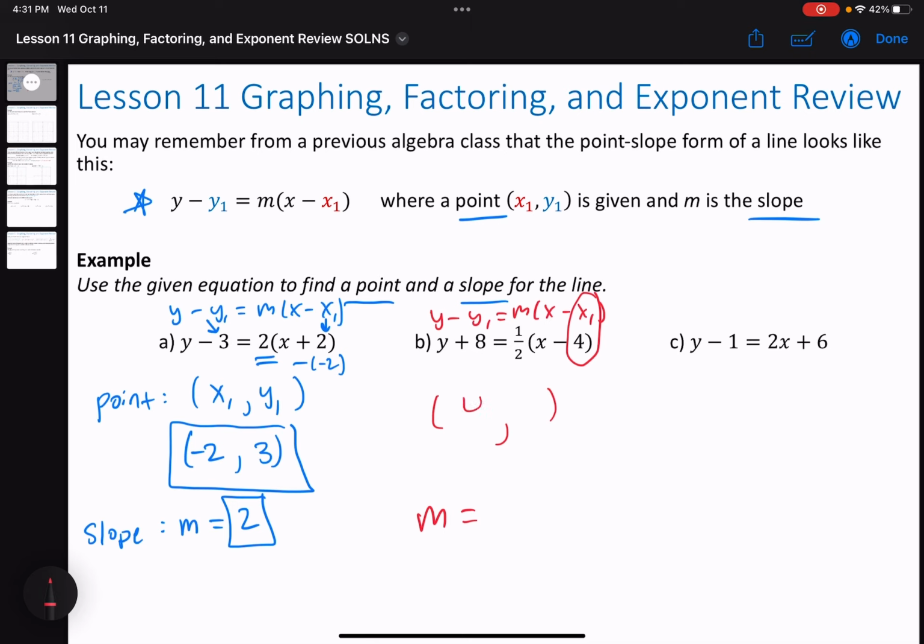In this case, it is going to be positive 4. And our y1 is going to line up with our 8, and it's going to be negative 8. Our original equation is minus y1, and because it's positive 8, we have to use the opposite sign. The slope is going to be the number in front of the x, and we're going to say it's 1/2. So this would be our point and our slope.